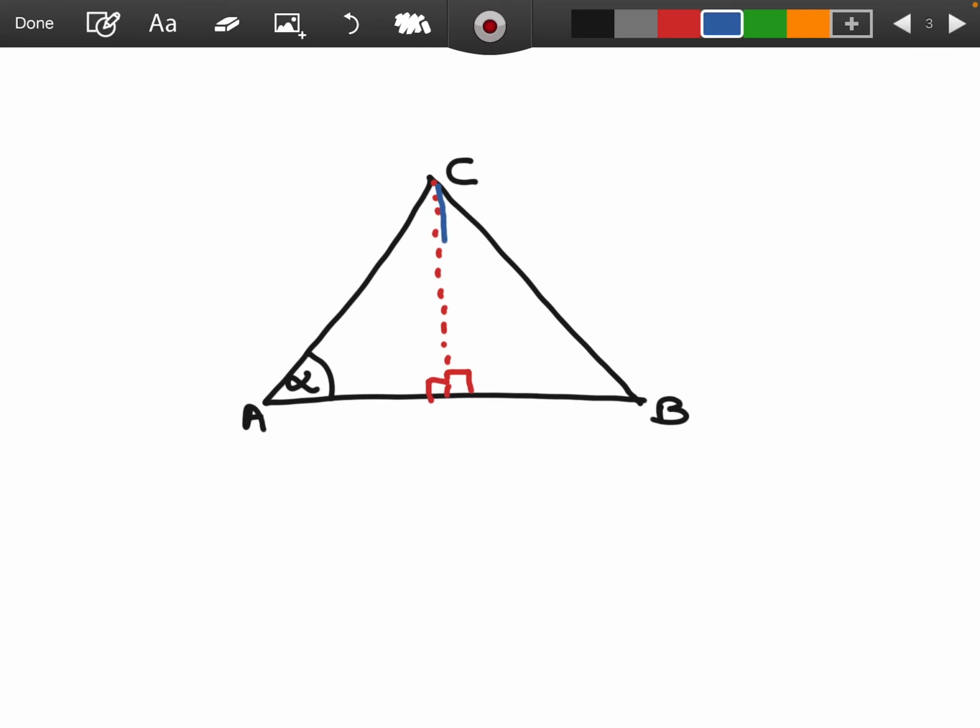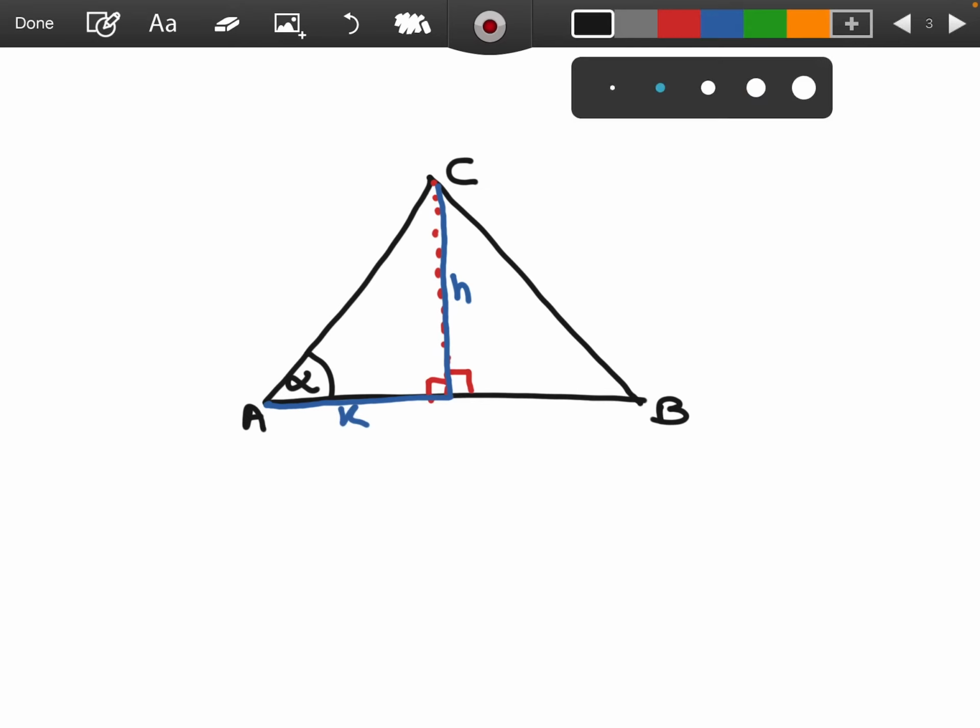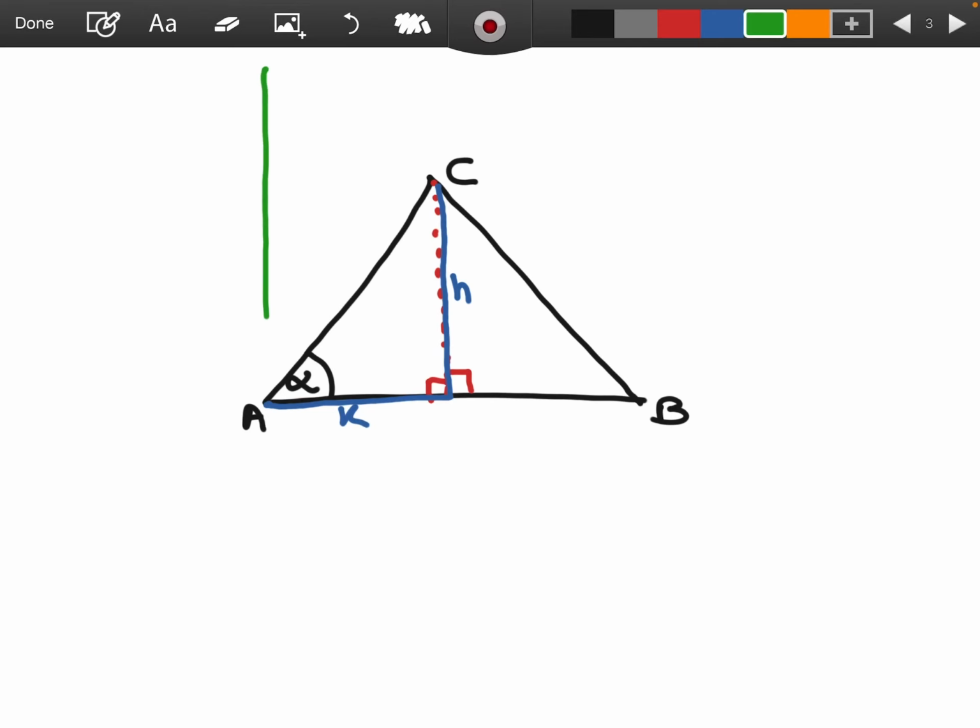Then I'm going to call this distance here H, and this distance here K. And then I'm going to take this triangle and put it on the XY plane, in what we call standard position.